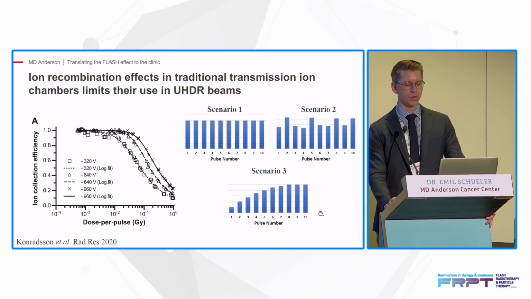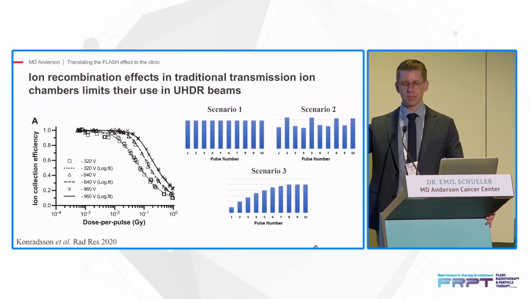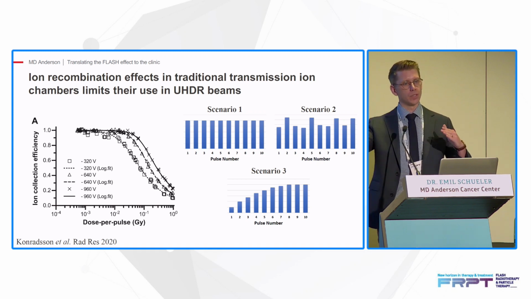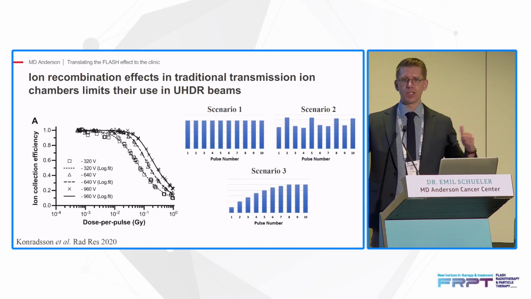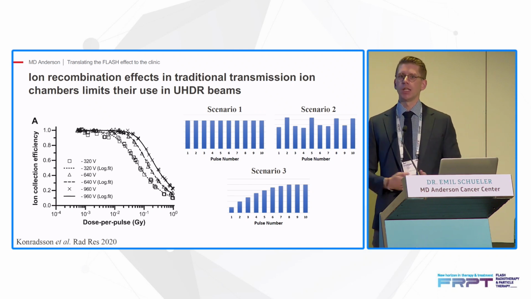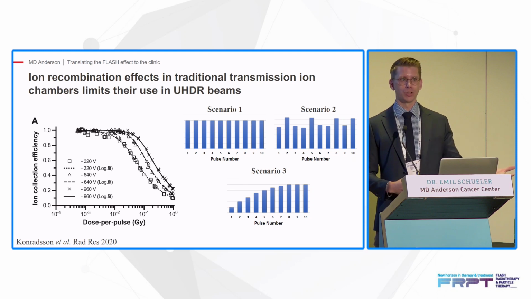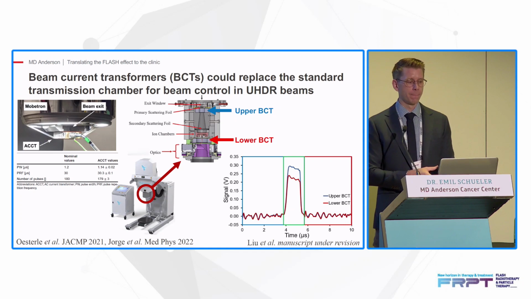Or you have scenario 3, where there is a ramp up or ramp down in the dose per pulse before you reach a plateau. If you only deliver, like in this example, 10 pulses, that effect is going to highly affect your beam delivery, your delivered doses, and how consistent you are between irradiations.